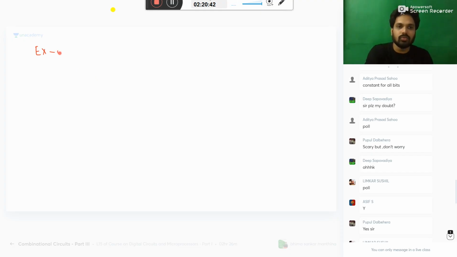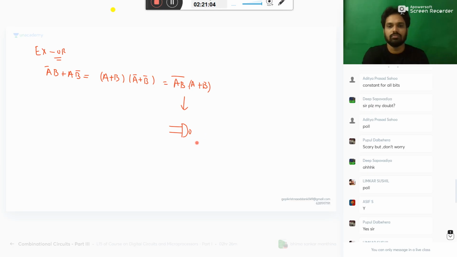XOR is equal to A bar B plus A B bar, which is equal to A plus B into A bar plus B bar, which is equal to AB whole bar into A plus B. I use this expression and I make AB whole bar. Here your job is not to find the gates.